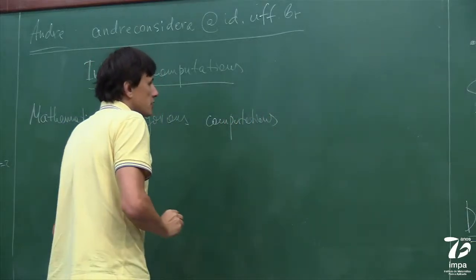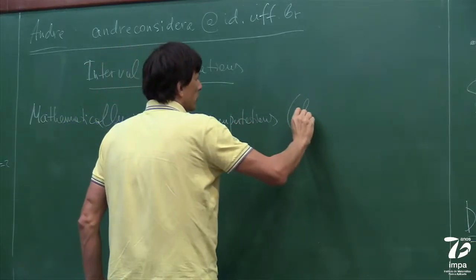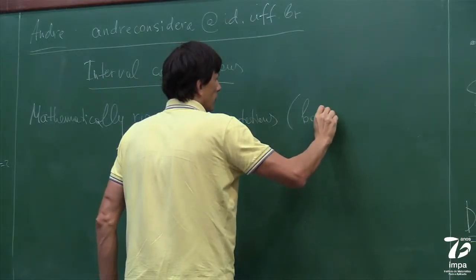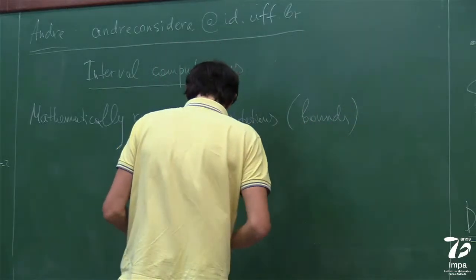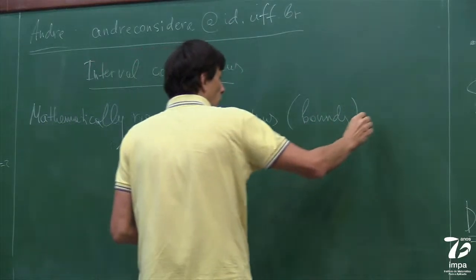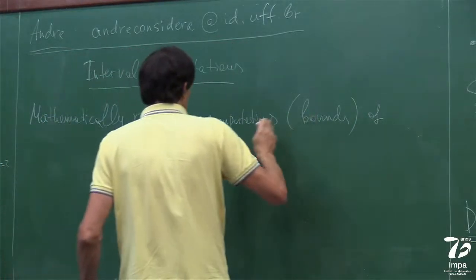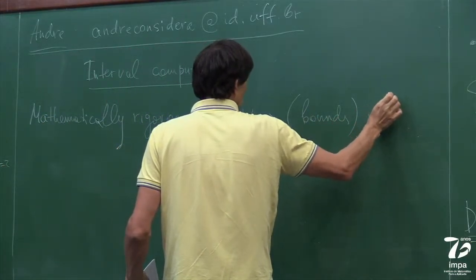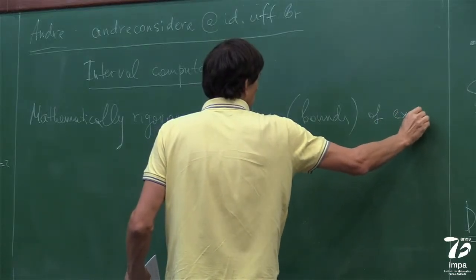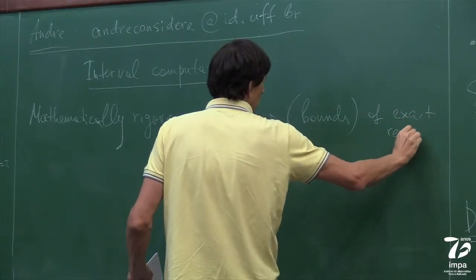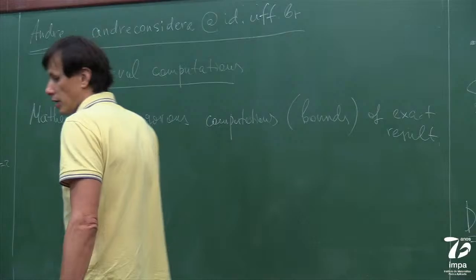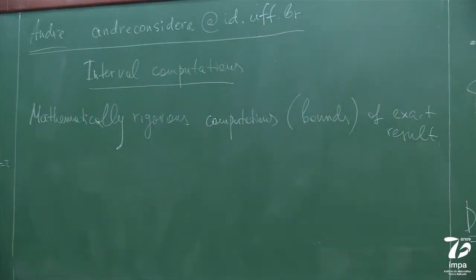And in this case, it's actually mathematically rigorous bounds of the exact result. The result can be some estimation of a function or some estimation of a number and so on. But important is that it is mathematically rigorous.